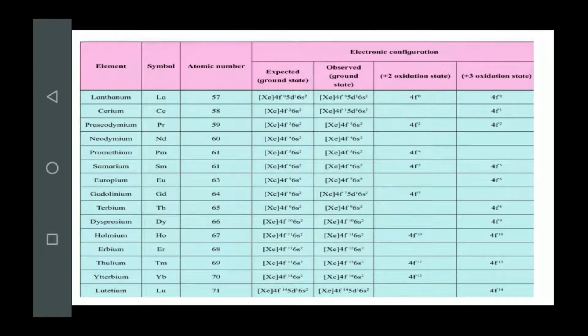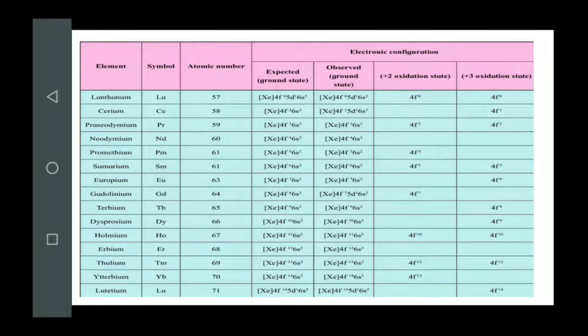But what is observed here, instead of moving into the 4f orbital only, is that one of the electrons is in the 5d orbital, as it was in the case of lanthanum.